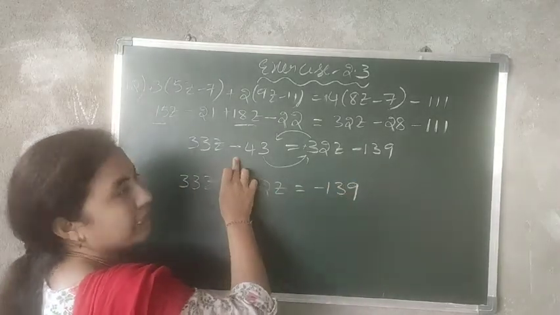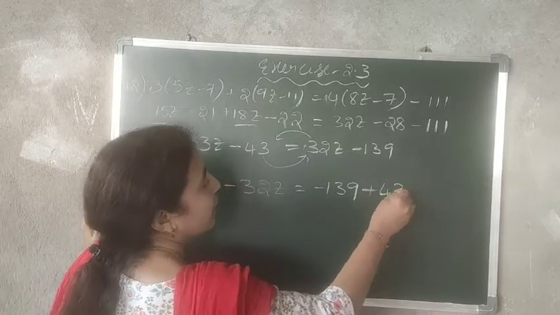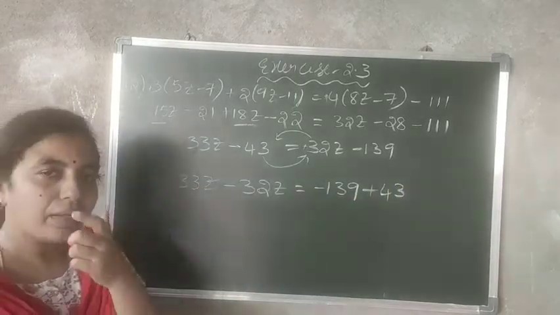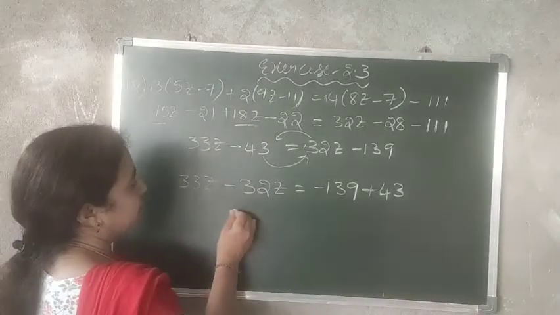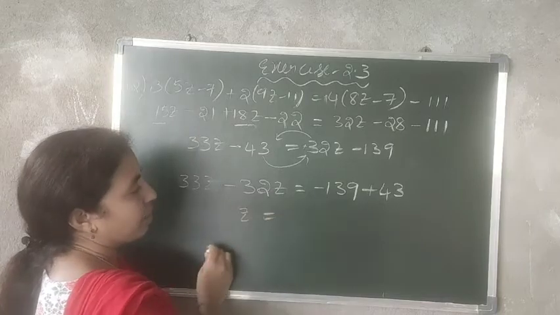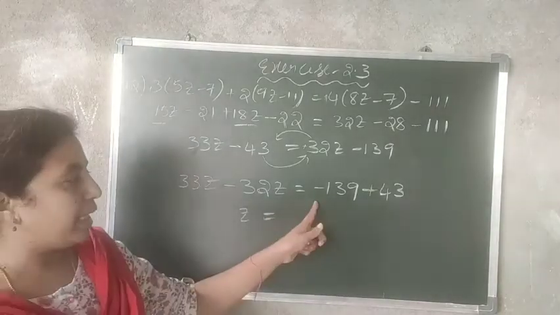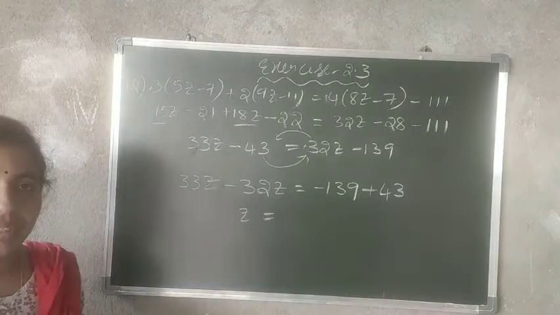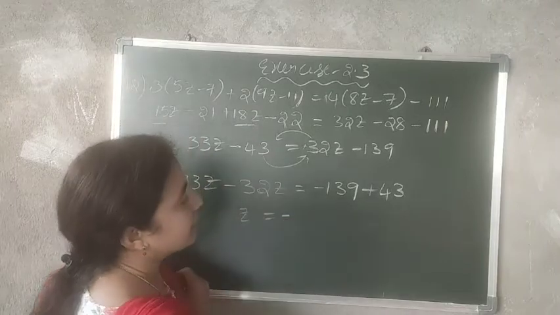And then take this minus 43 to the right hand side. What will it become? Plus 43. Now 33z minus 32z is 1z. z is equal to minus 139 plus 43. One is minus and one is plus, and you know already apples and mangoes. Find the answer. How much will you get?